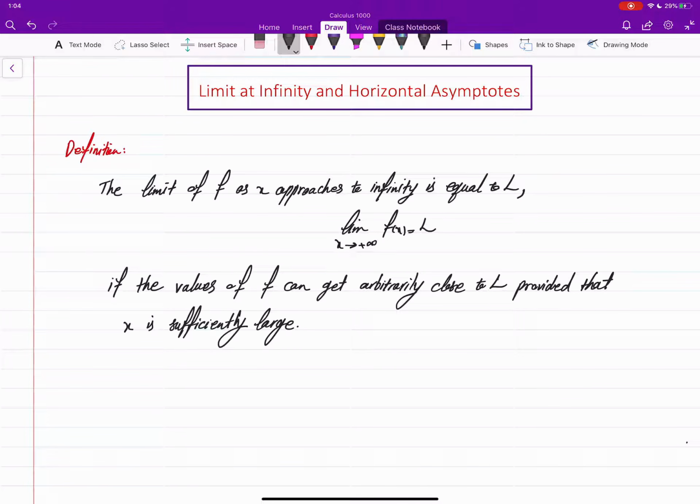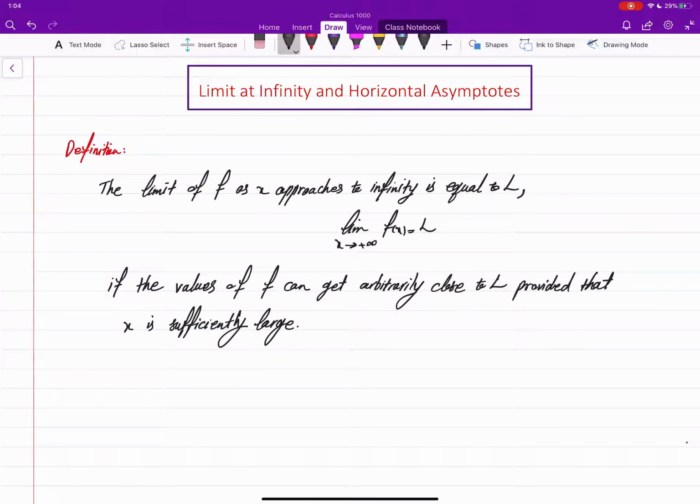So it means that from a point on to the right, the values of the function get as close as we want. If you want f to be within less than half a unit of L, I will find a point from which on the distance between the function and L is less than half, and so on.